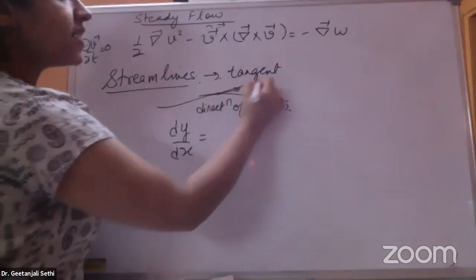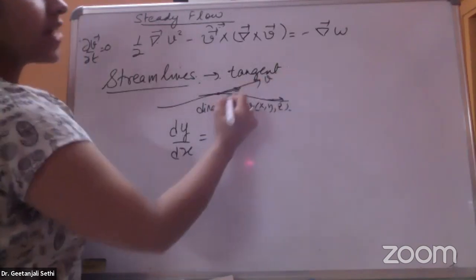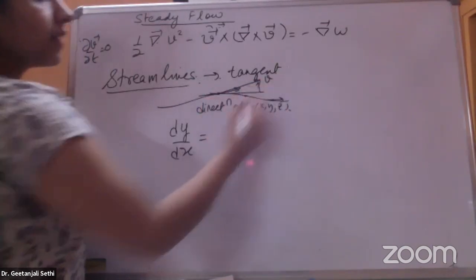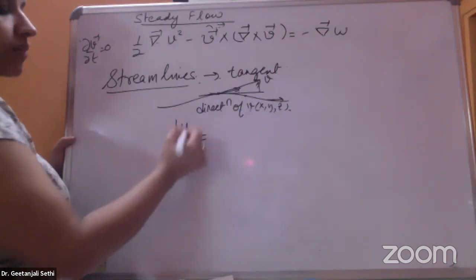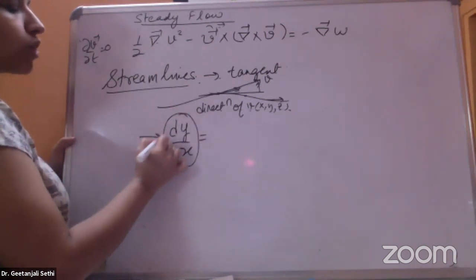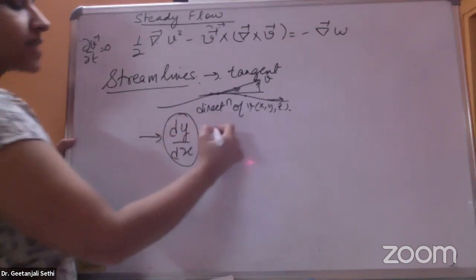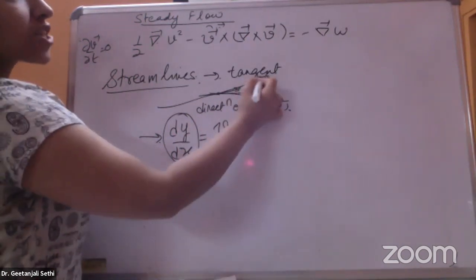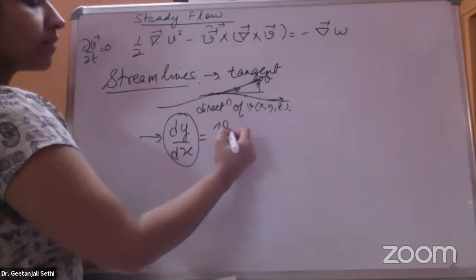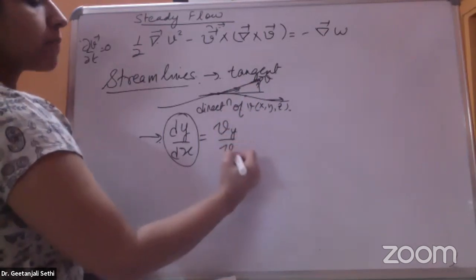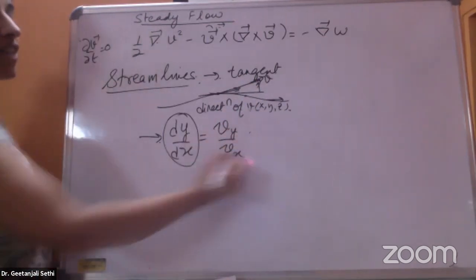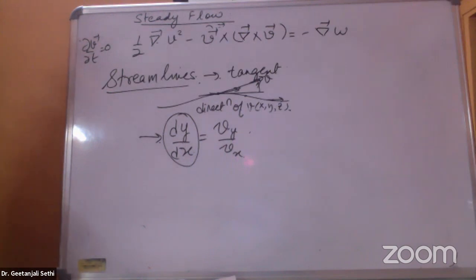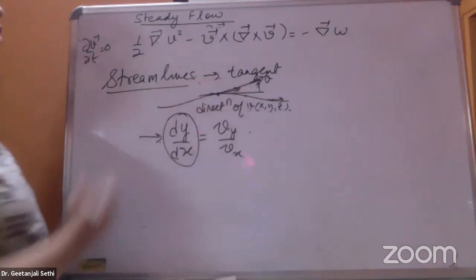And if that is the direction of the velocity vector at that point, then the slope of the tangent to the field line, dy by dx, is also equal to, if you resolve your velocity vector at that point, vy by vx, where vy and vx are components of your velocity vector at this particular point, right?